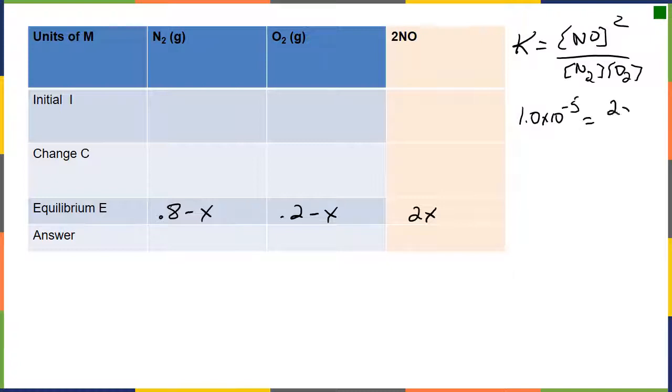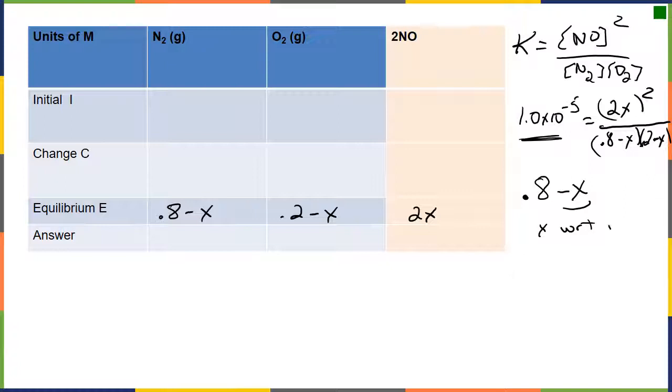And that's going to equal 2x squared over 0.8 minus x times 0.2 minus x. All right, so how does this value of K help? Well, if K is small, then very few reactants go away. This tells us that if we consider 0.8 minus x, this x is going to be very small. When K is small, x with respect to the initial will be very small.